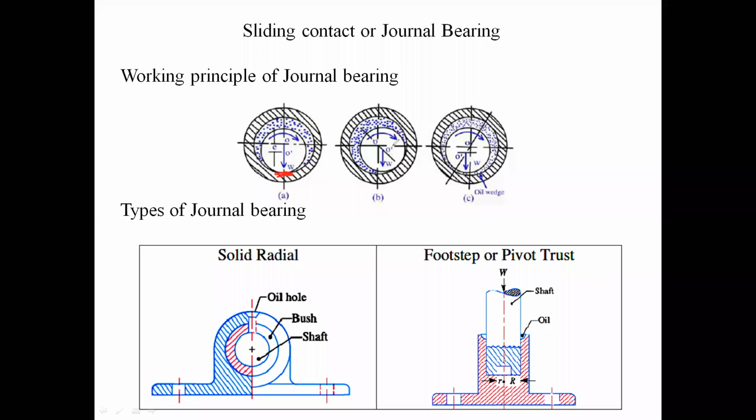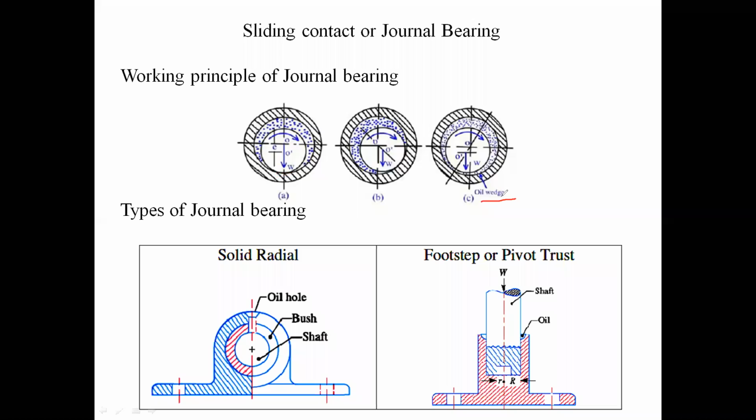Rotation होने की वजह से it gets lifted up, and after some period of time, after the speed increases, you'll find the oil wedge. You'll find a film in between this journal and the fixed element. You can see here there is a gap.